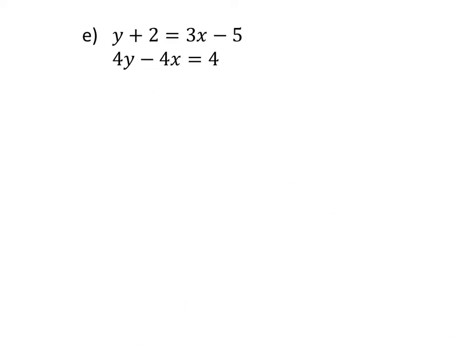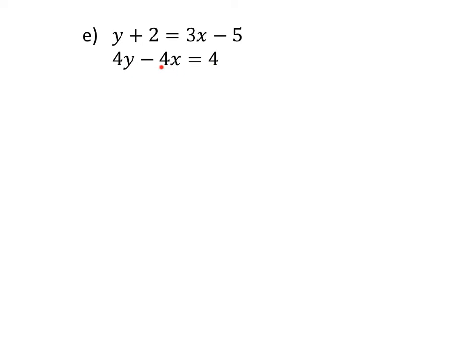Letter E. So this time, we do not have equations that are solved for either x or y. So I'm going to take a look at these two equations and figure out which one I want to solve for a variable. If you look at this second equation, we have 4y minus 4x equals 4.